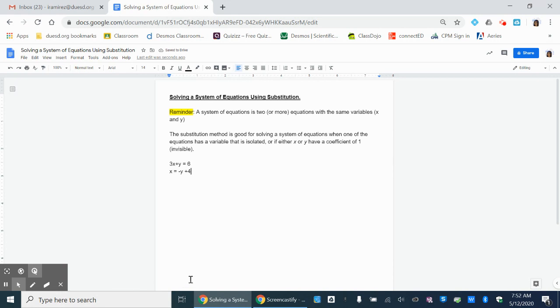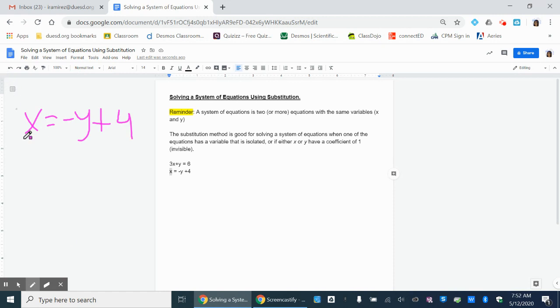As we can see here, the second equation already has the x isolated on the left side. So this is where substitution would be good to use. I'm going to write the equation down over here just to explain what we're going to do.